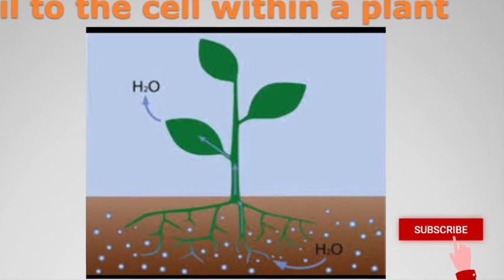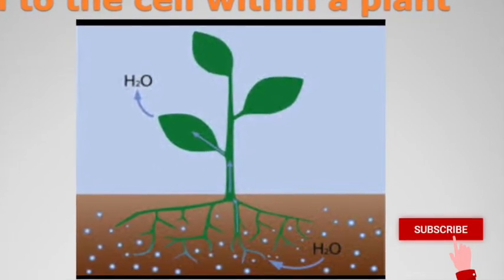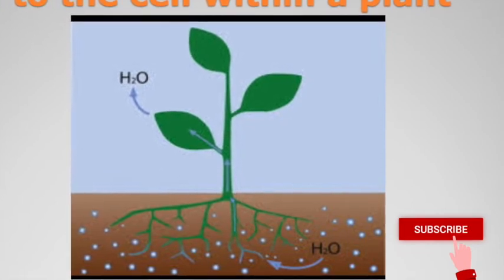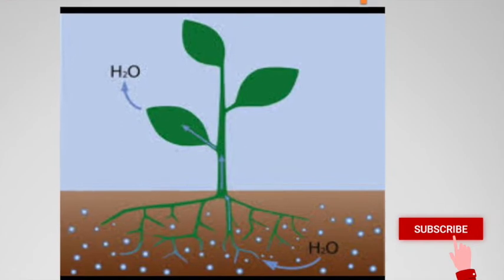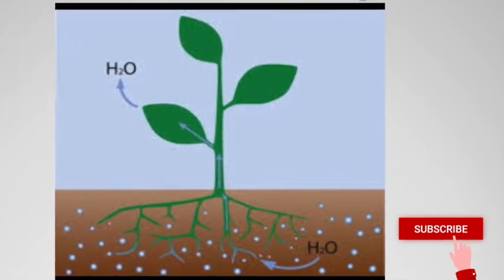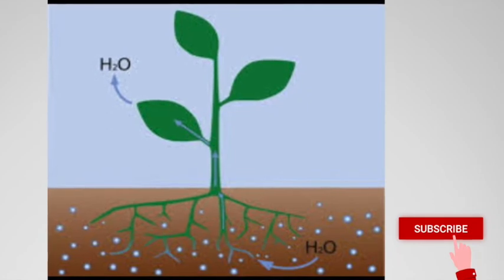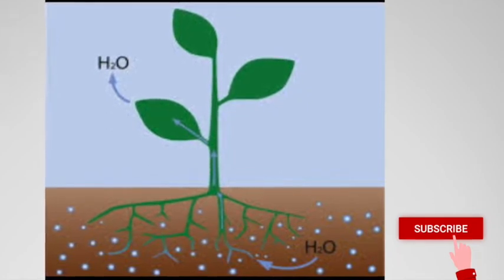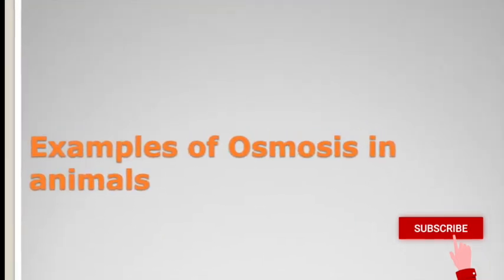And that is taking place from one cell to the other and from another cell to the other. So, the movement is taking place within a cell of a plant. And that also brings about osmosis. We are going to look at some examples of osmosis in animals.